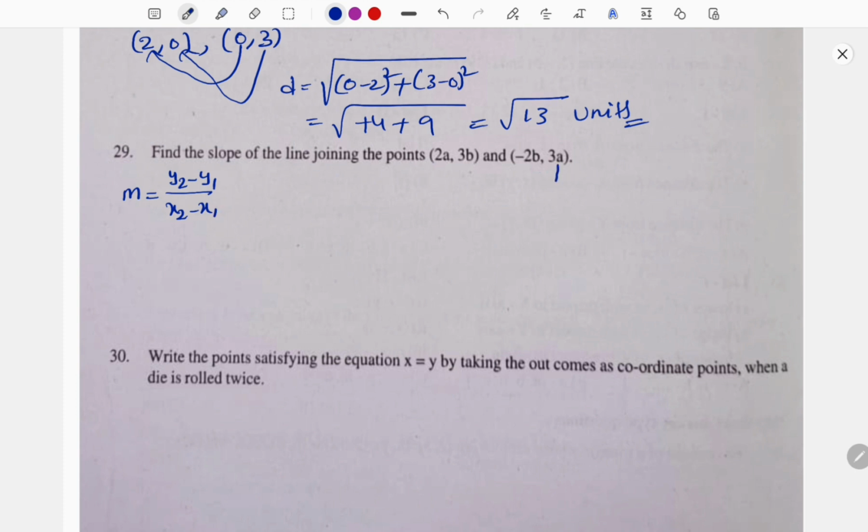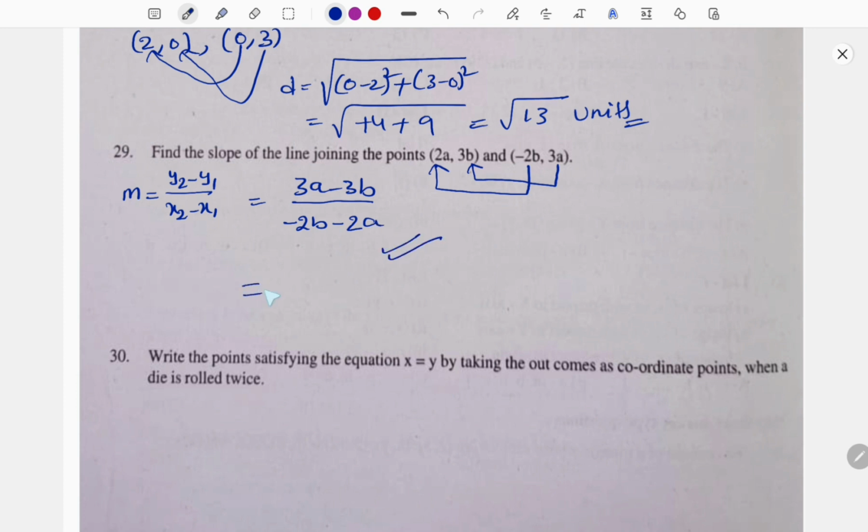So y2 minus y1 gives 3a minus 3b, by x2 minus x1, which means minus 2b minus 2a. So this is the answer.